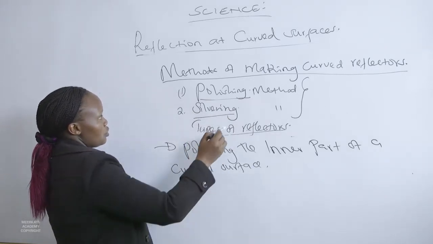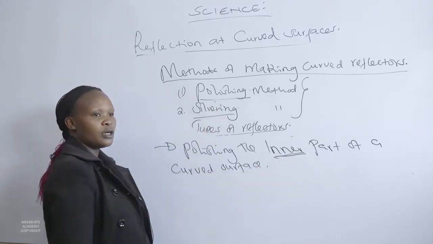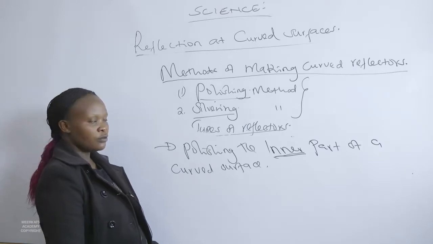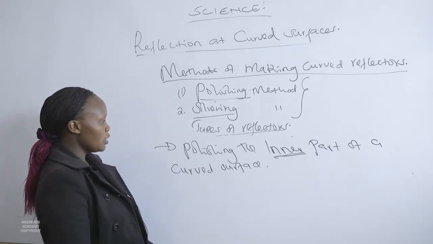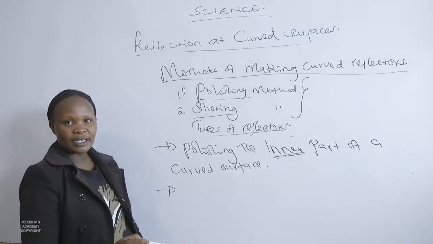Now, if we choose to polish the inner surface of a curved surface, we come up with a converging reflector.